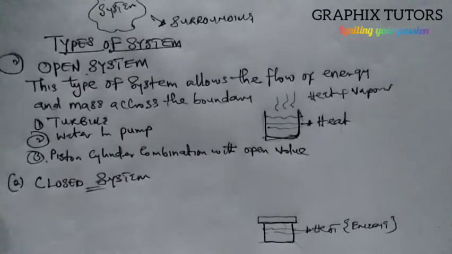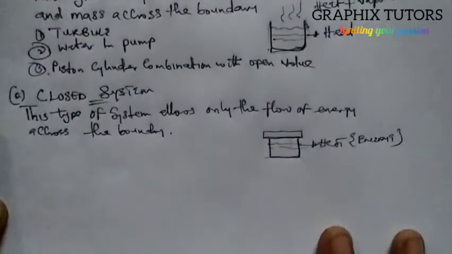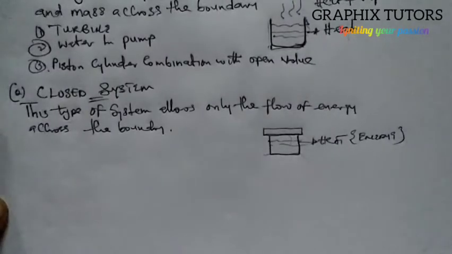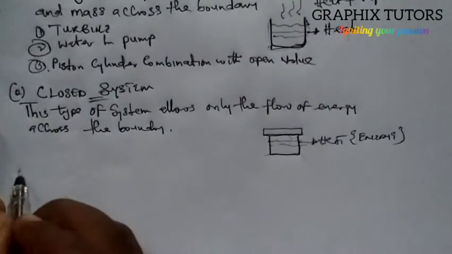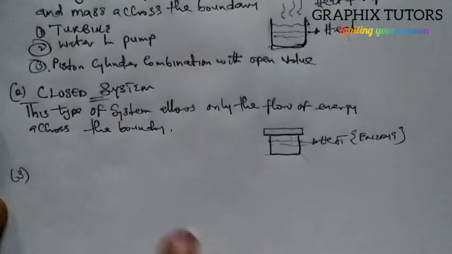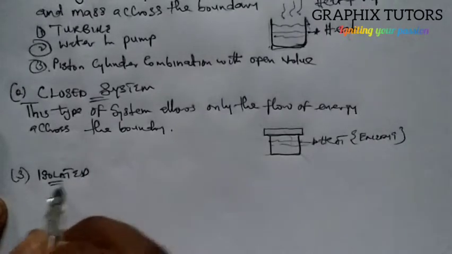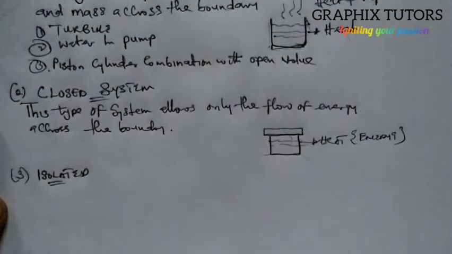So the third one we're talking about will be an isolated system. Now, if you look at the word isolated, it means that both energy and mass are not allowed to flow across the boundary, right? So it is a system in equilibrium. A system in equilibrium doesn't have interaction with the surrounding. A good example is a thermo flask.